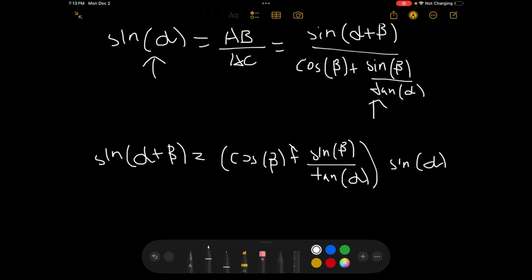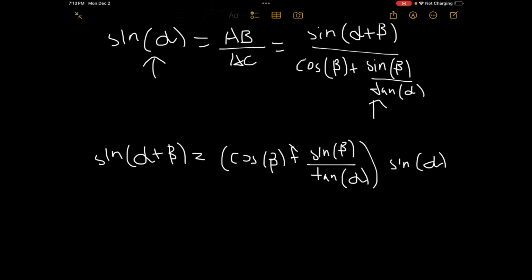I'm going to rewrite tangent of alpha as sine of alpha divided by cosine of alpha.